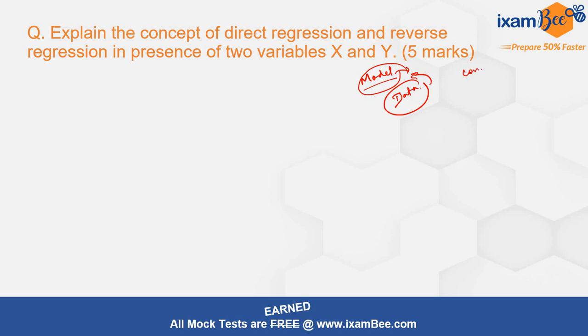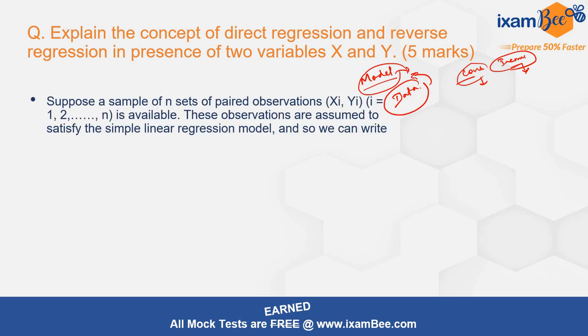For instance, let's say you have data on consumption and income. Now you want to analyze whether consumption depends upon income or income depends upon consumption levels. So you run a regression accordingly, keeping one of the variables as the independent variable and the other as the dependent variable, to have meaningful inferences about this data.